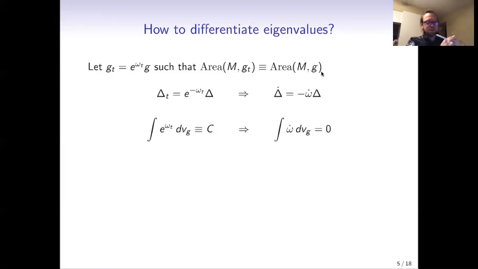You'll get the same result if you assume the area changes and differentiate using the Leibniz rule, but the computation is a bit longer. So we assume that the area is fixed, and this imposes a condition on omega_t: you differentiate the fixed area, and you get that the integral of omega dot is 0. So omega dot can be anything, but it has to have average 0.